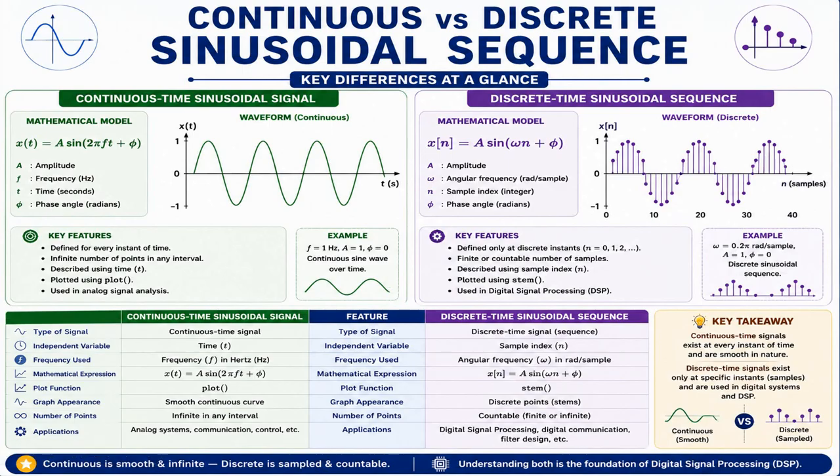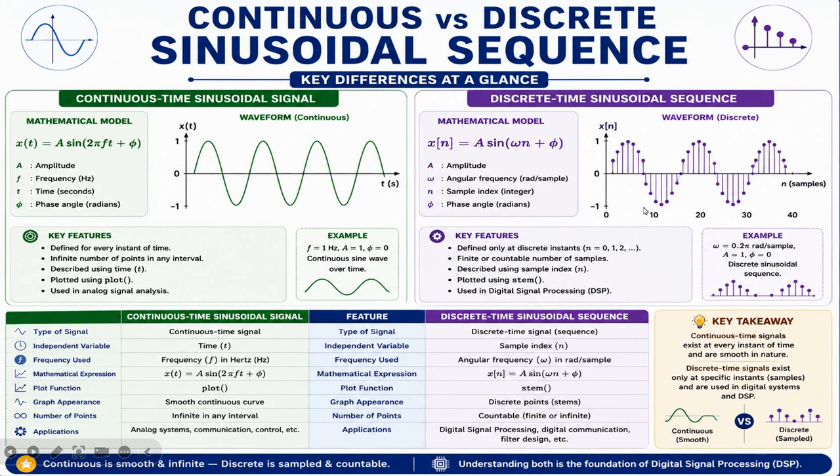Here we have the continuous sinusoidal sequence versus the discrete sinusoidal sequence. So here you can see the continuous time sinusoidal signal, where the mathematical equation is x(t) = A sin(2πft + φ), where A is amplitude, f is frequency in hertz, t is time in seconds, and φ is the phase angle in radians.